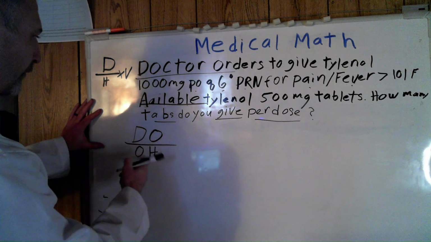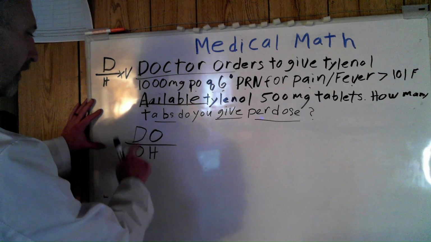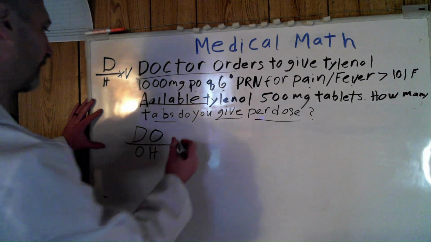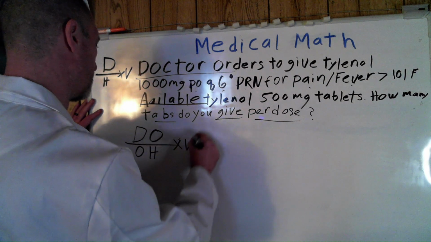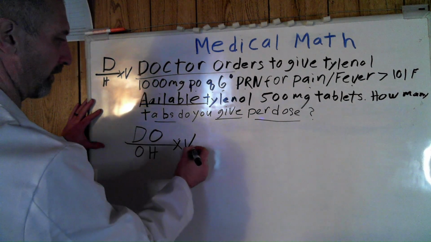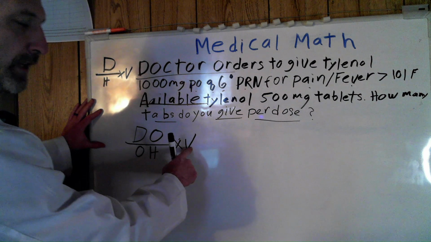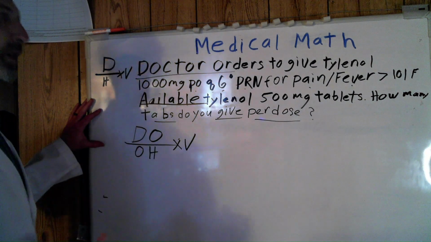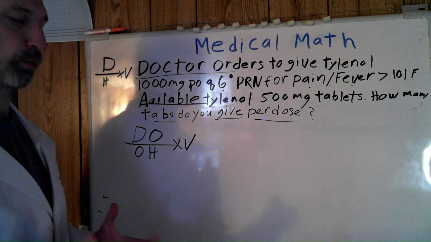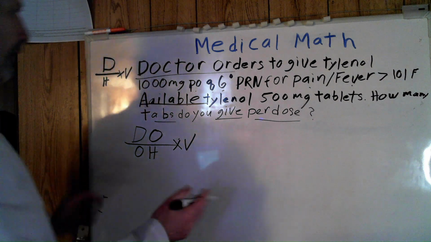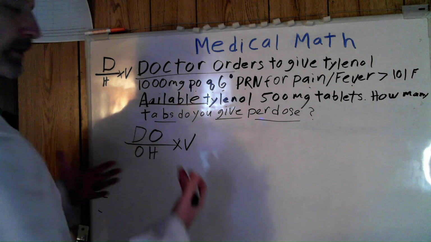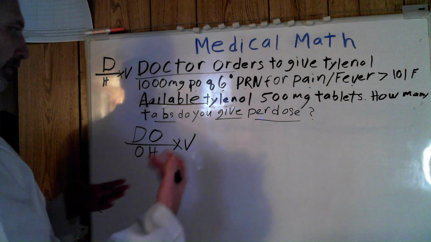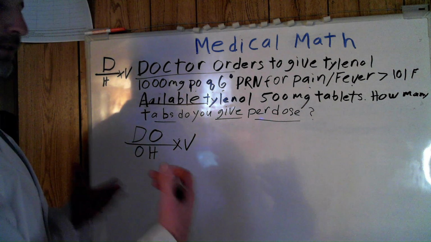That's what that equals. So we have doctor's order over on hand times V. V equals vehicle. Don't panic. I'm going to make this really simple. Right now, we're going to take the information that's here and plug it in down here so we can figure out how to do this problem and figure out how many tablets to give our patient.